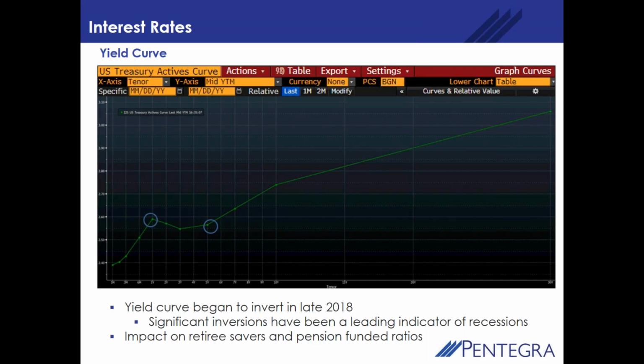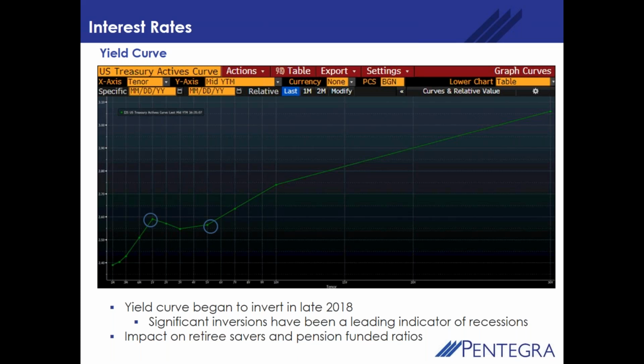Okay, what about pensions and funded ratios? I think in that case we want to focus a little more on the longer term rates, and there are a couple of things. First of all, if longer term interest rates do go up because of inflation or the economy, that's going to lower the value of fixed income holdings, but it is also going to lower liabilities.